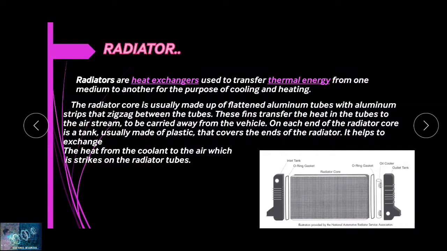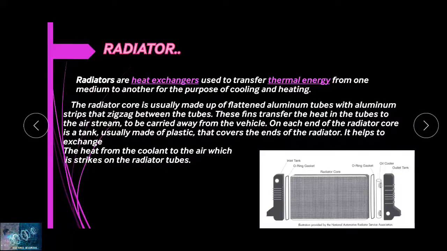The radiator. The radiator is the most important part in a liquid cooling system. Radiators or heat exchangers are used to transfer internal energy from one medium to another for the purpose of cooling and heating. The radiator core is usually made up of flattened aluminum tubes with aluminum strips zigzagged between the tubes.